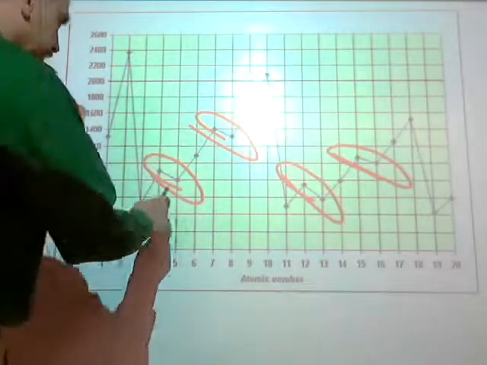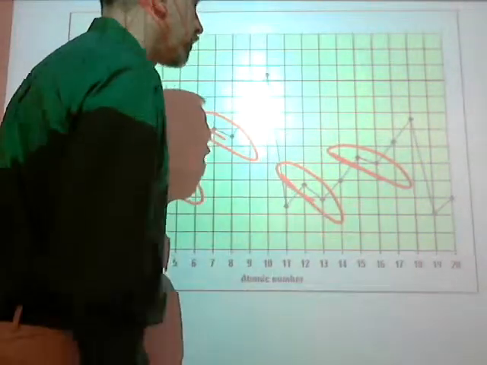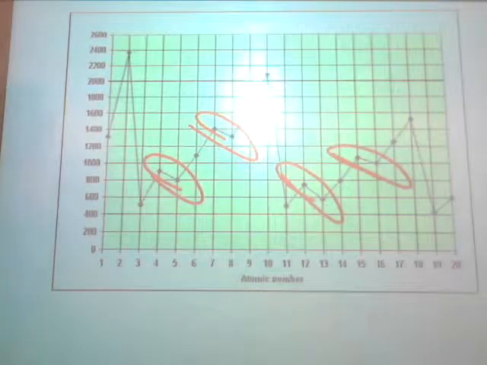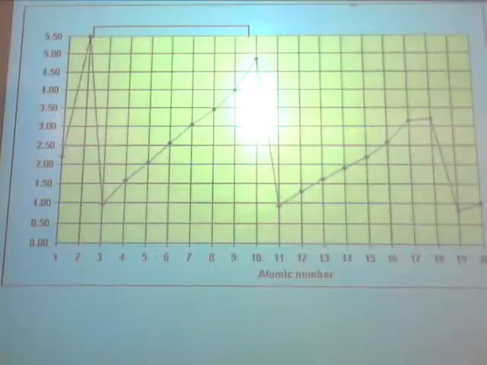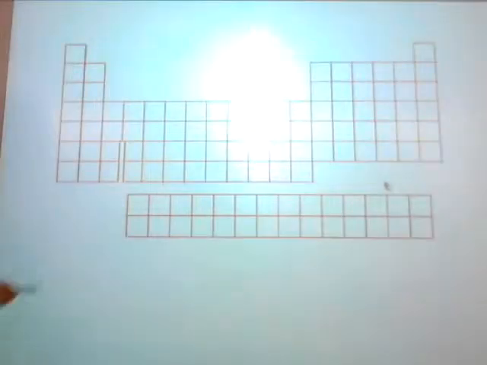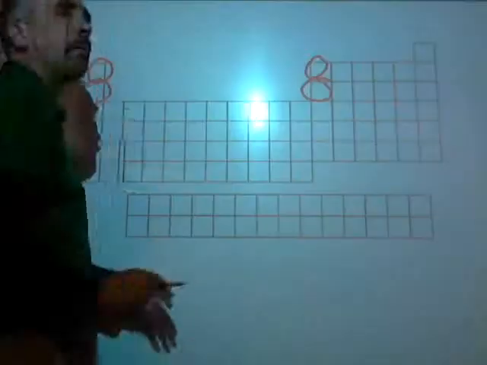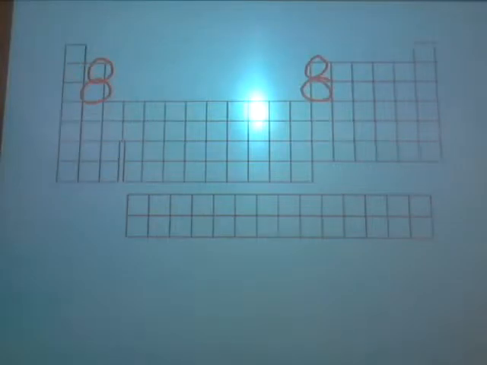All right, so between 4 and 5, actually, and also between 12 and 13, what's happening is, I'll show you where that is on a different periodic table. Let's go back to this periodic table here. It's basically between these two guys here and these two guys here. And maybe it makes a little more sense now that you see it.